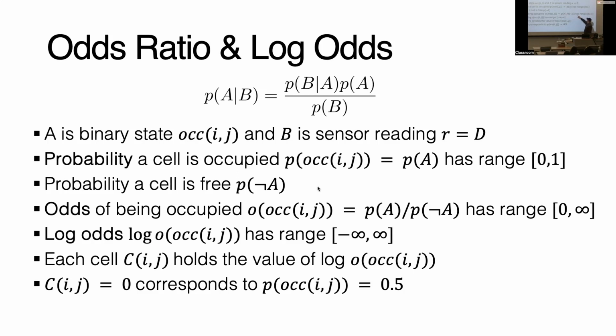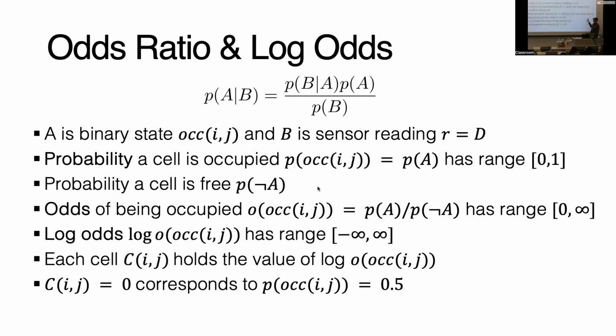Then if we take the log of this, we get the log odds. And so we're moving from a scale that goes from 0 to infinity and can go to infinity fairly fast, right? If the probability of it being occupied is large, then the probability of being not occupied is very small, and this number is going to be very large.